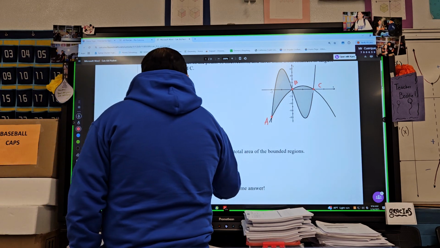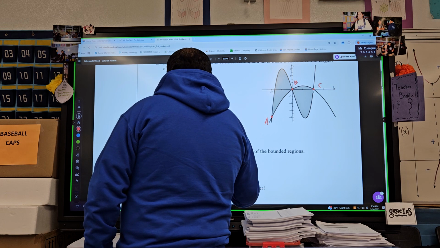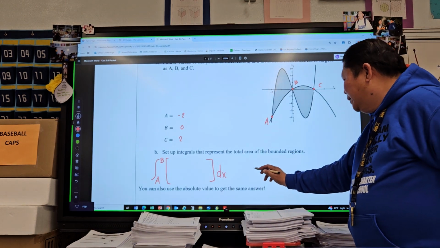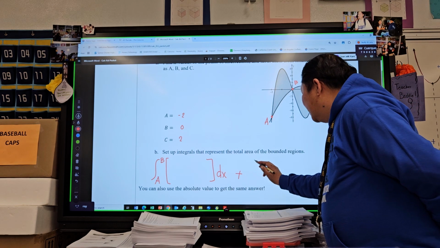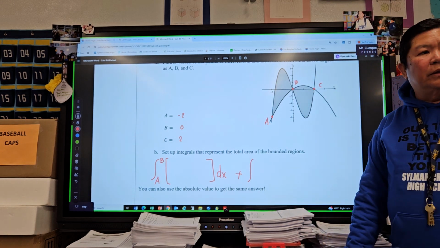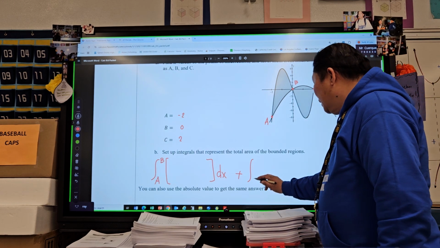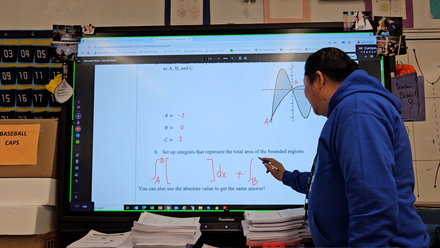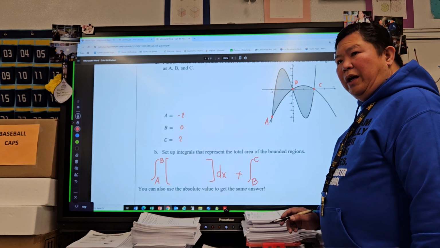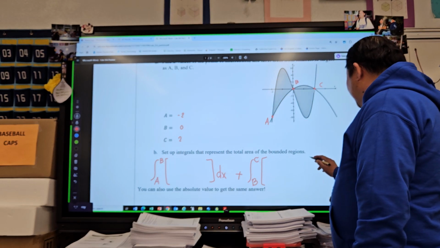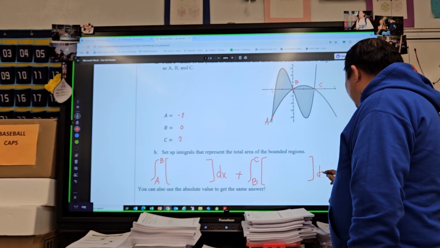f of x dx, and then plus, what's the next interval, guys? From B to C. So from B to C, okay? And you have f of x minus g of x.